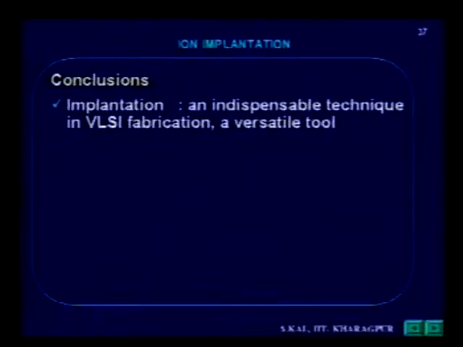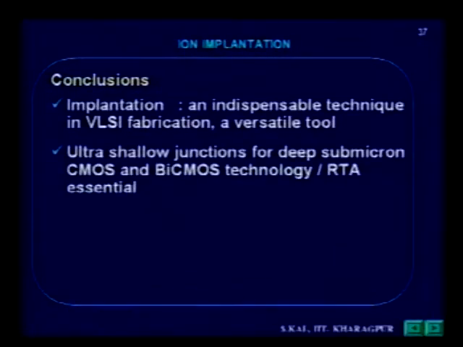So now to conclude this implantation, the implantation is an indispensable technique in VLSI fabrication, a versatile tool. For ultra shallow junctions for deep submicron CMOS and BiCMOS technology, implantation is a must, and implantation is followed by RTA, rapid thermal annealing.